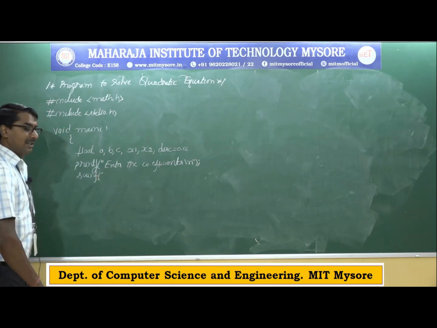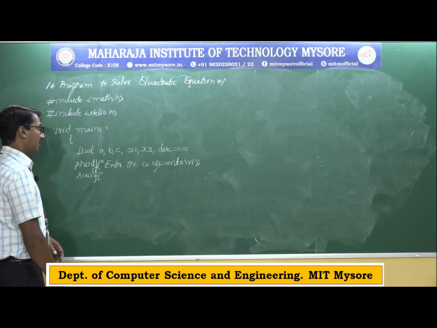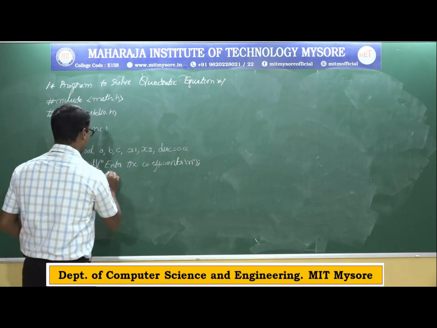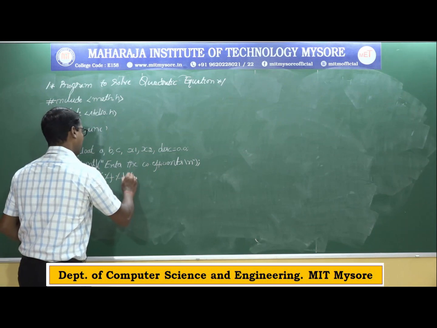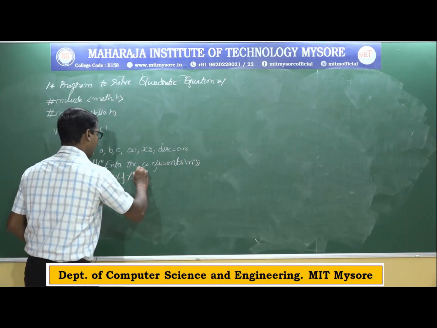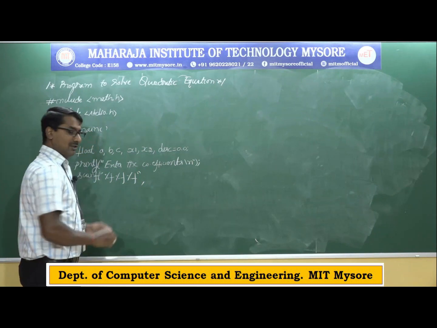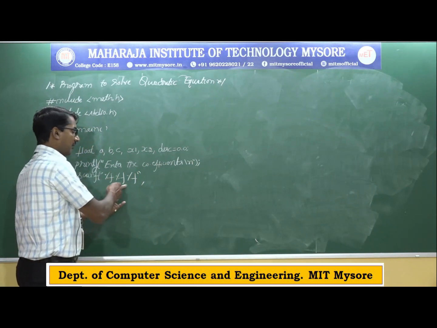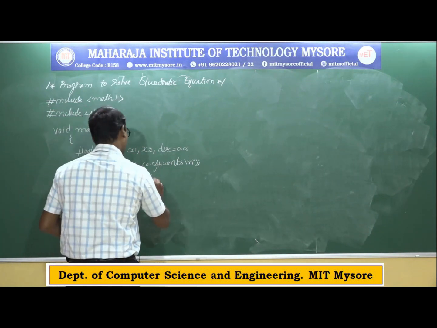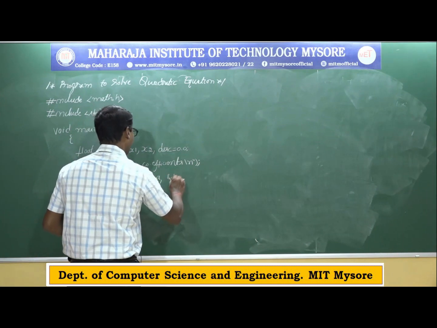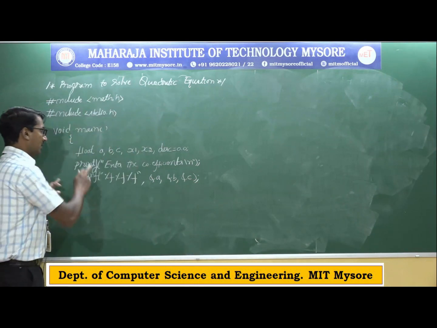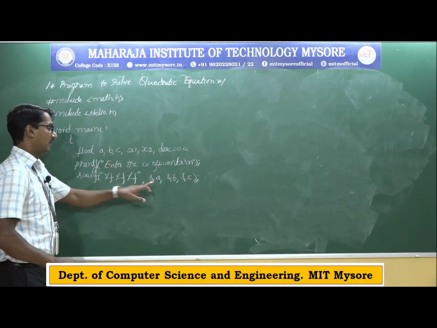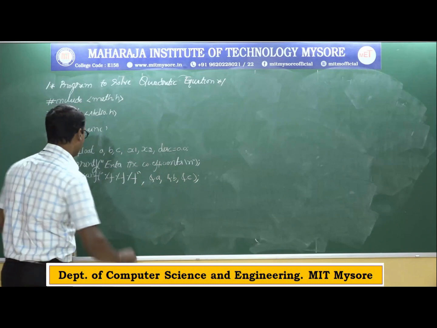Here all these 3 variables are of float type, so the control string will be %f, %f and %f. We are reading 3 values: %f, %f, %f, with the address of A, address of B and address of C.